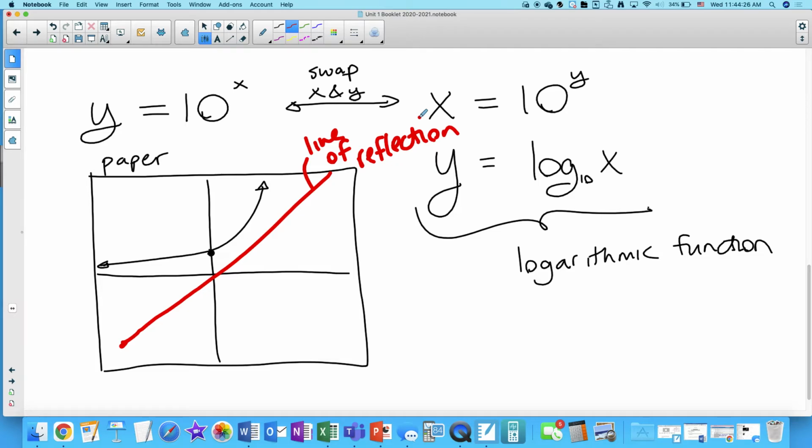And then open it up, and you should see the reflection. It's kind of faint on my page, but the reflection looks sort of like this. Do this in a different color.